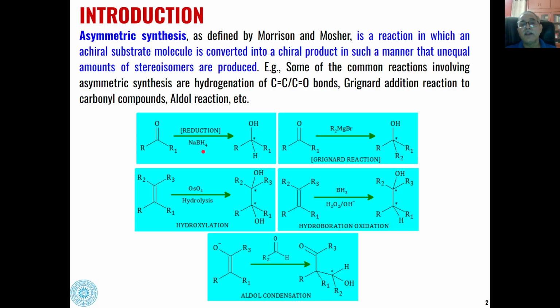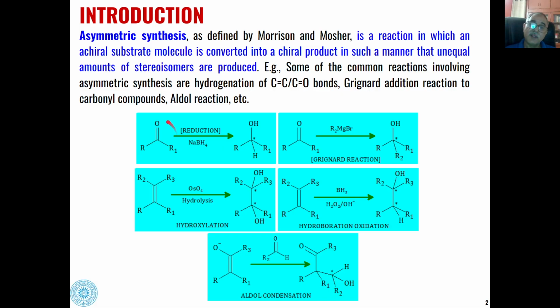Some of the common functional group transformations which produce asymmetric compounds, that is, examples of asymmetric synthesis, are hydrogenation of a carbon-carbon double bond or carbon-oxygen double bond. For example, reduction of carbonyl compounds to form alcohols. You can see over here, if both these groups are different, then all four groups attached to this carbon are different.